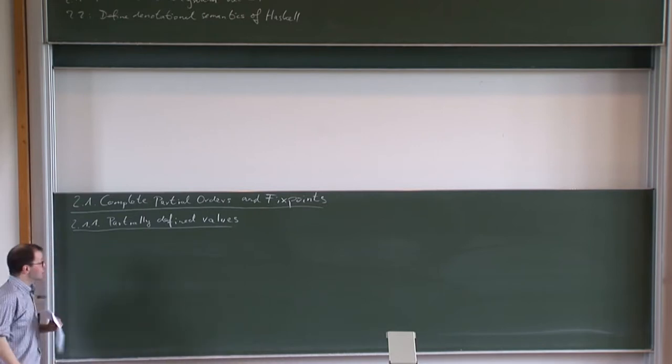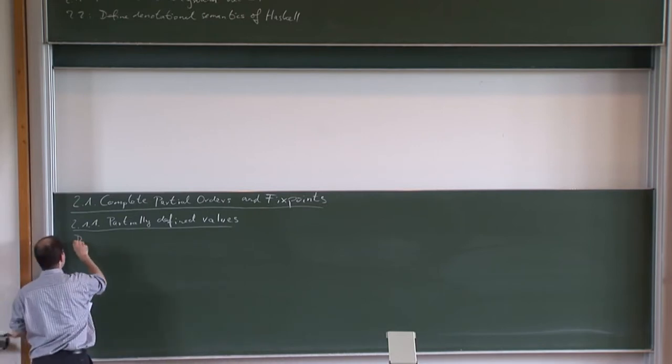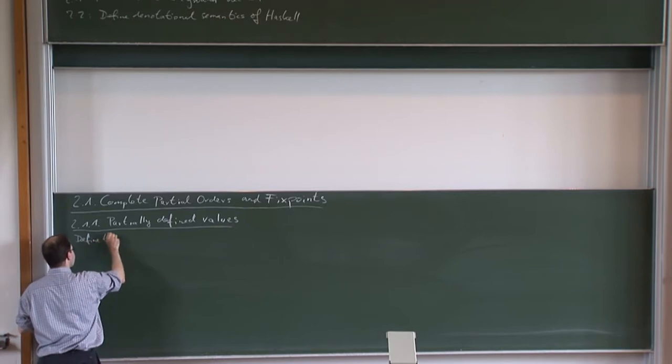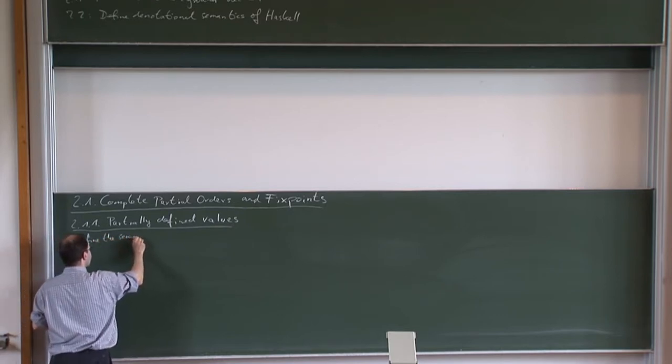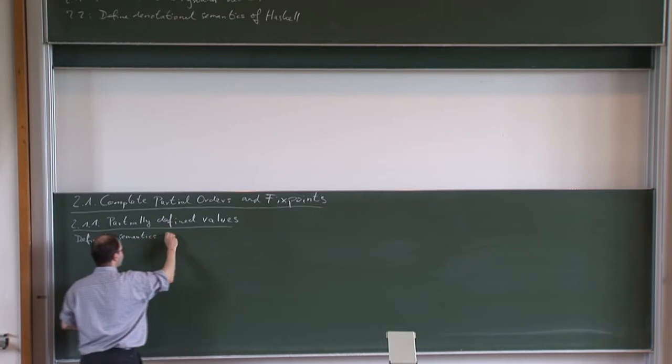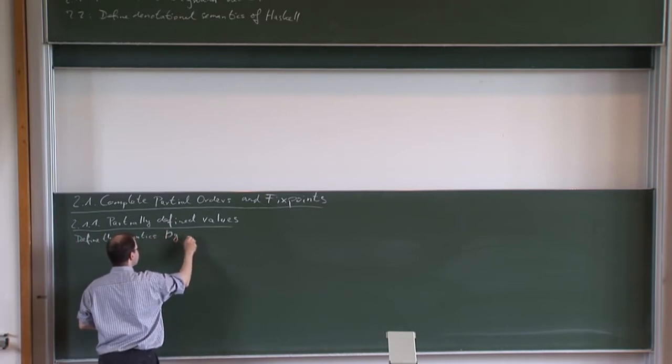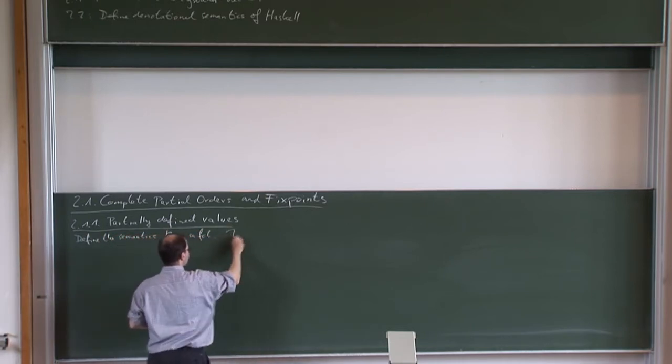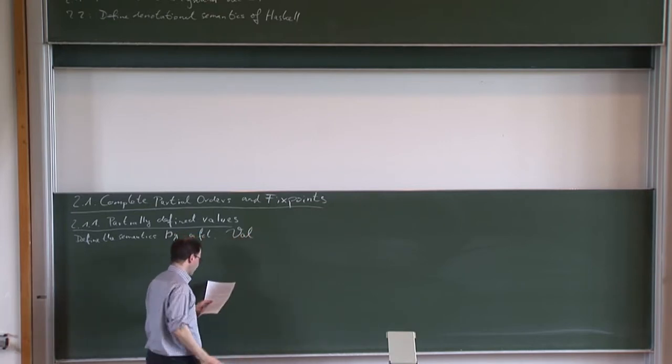Okay. So as I said, the semantics will be defined by some kind of function. I call it val, for value.